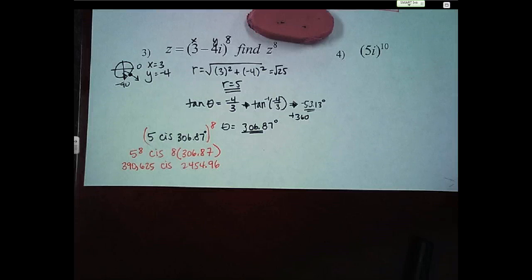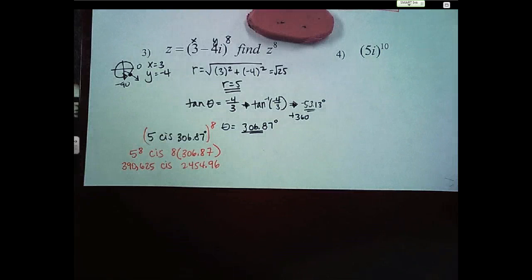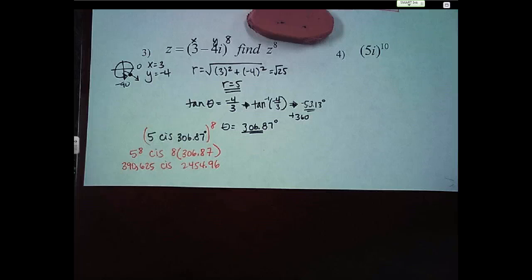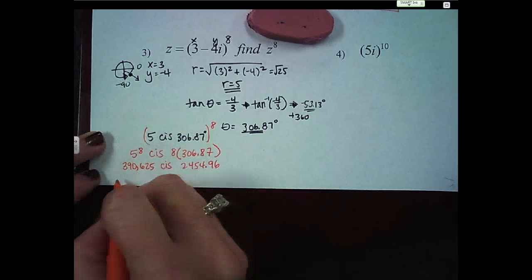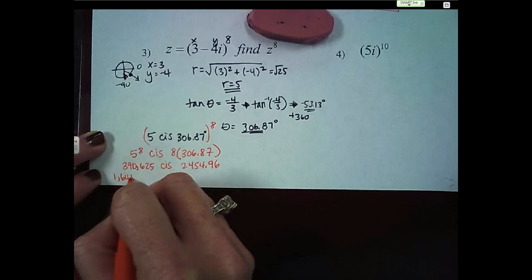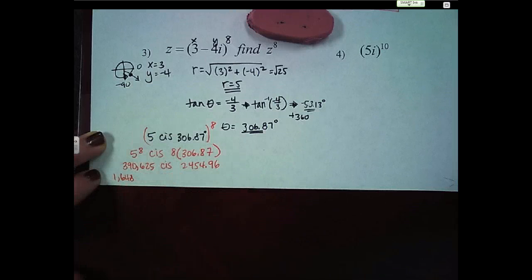Okay, so right now type in 390,625 cosine of 2,454. Yeah, it's a big number, but type it in to make sure you're getting it right. The number is huge. I think you get 164,000.